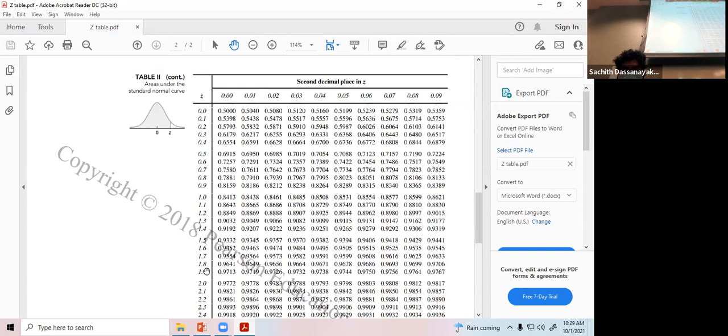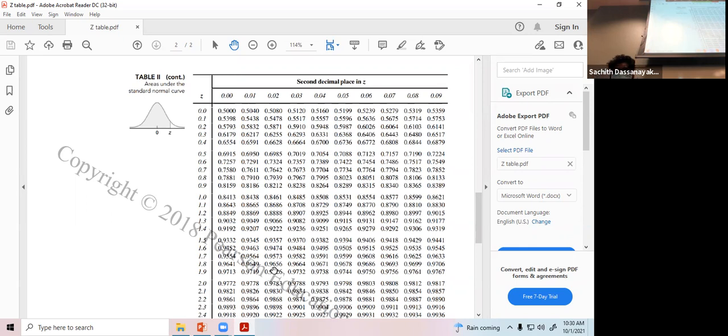So go down this, and the value is 0.9656. Okay, this is for the probability C less than or equal to 1.82.